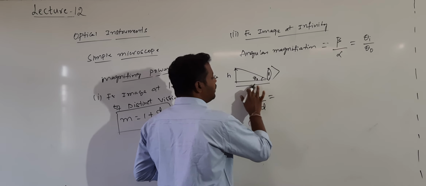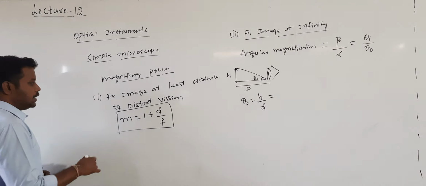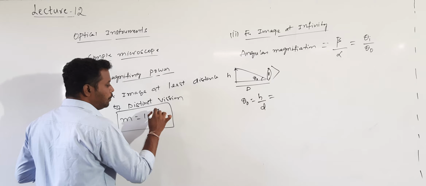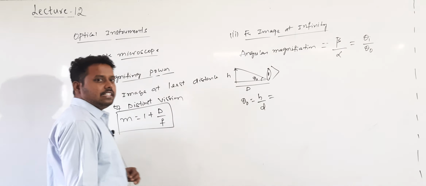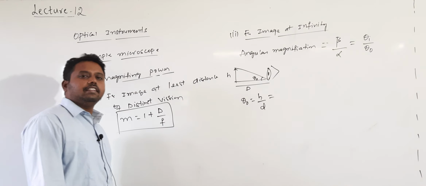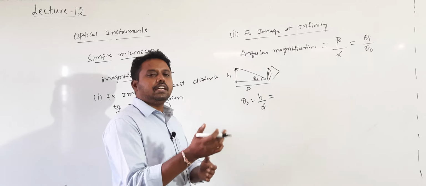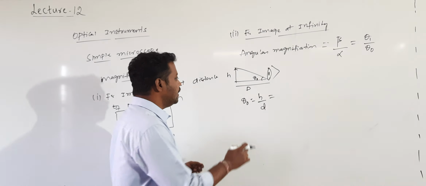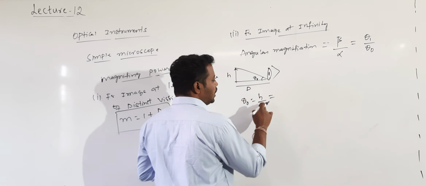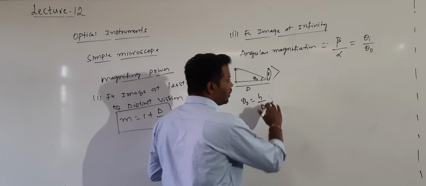In the textbook they give the least distance of distinct vision as capital D, so I will write this value with a capital D. What is the least distance of distinct vision? It is the minimum distance between the eye and the object to see the object clearly. Then theta o is h divided by capital D.